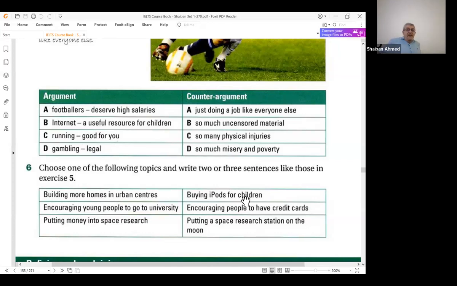Anyone? Why? So much uncensored material. What's the meaning of uncensored? For example, this room is censored by a camera. Uncensored means no supervision, no control.